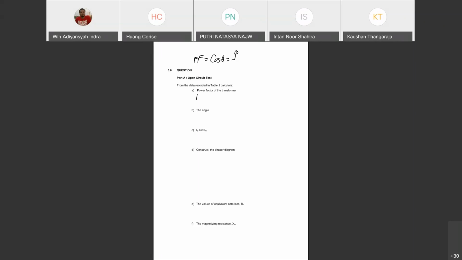Or P over S, where S is apparent power equal to V times I, right? Recall back the chapter 2.